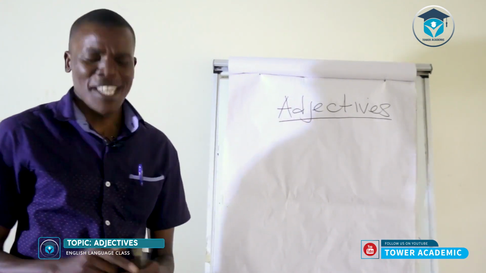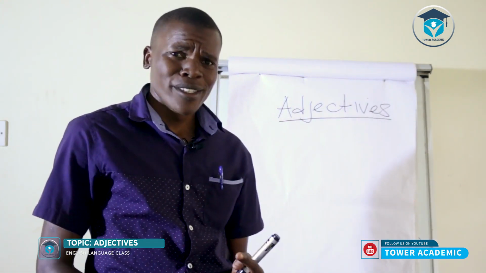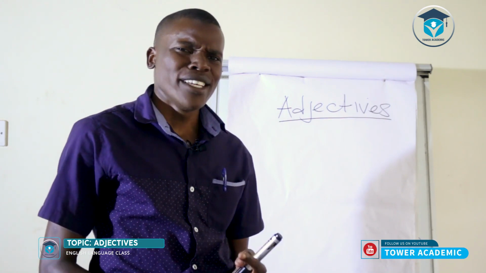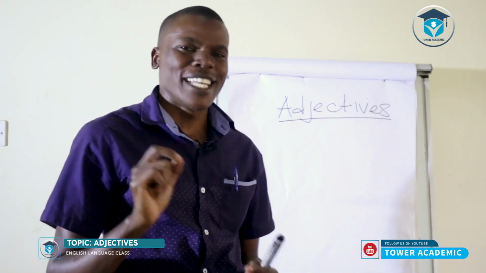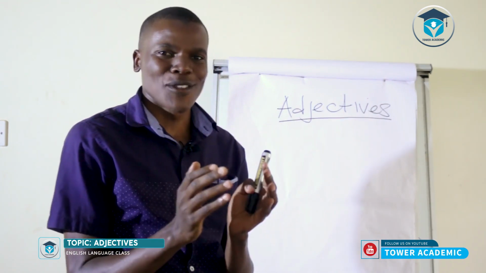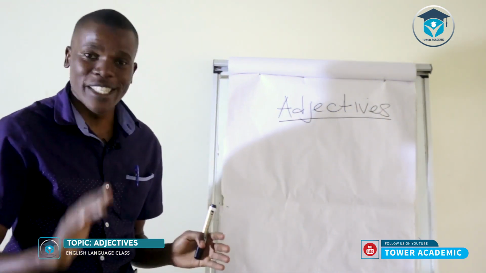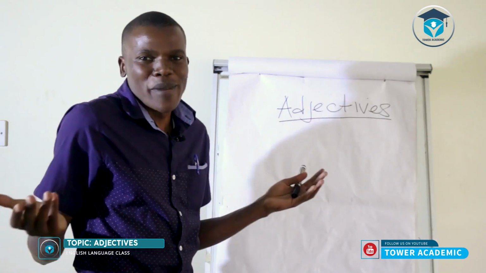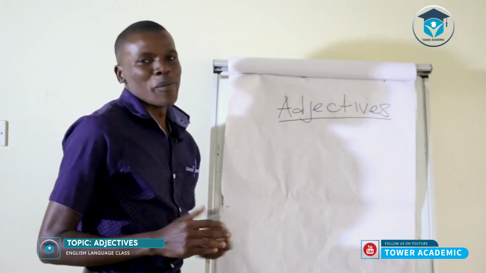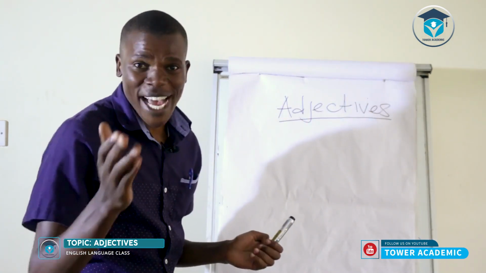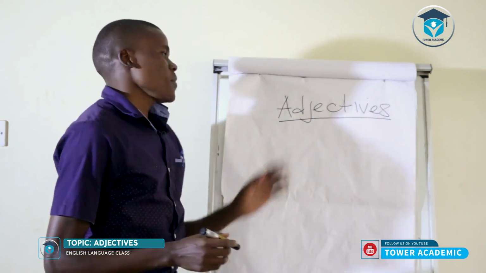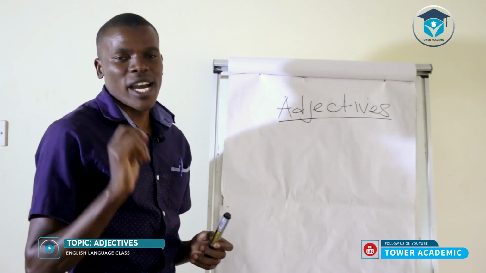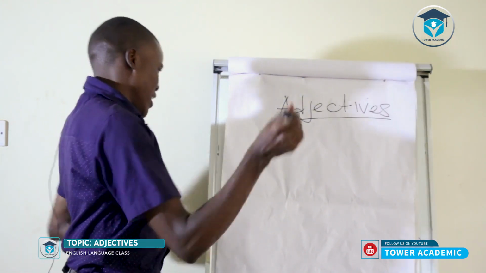Three keywords there: describe, qualify, or modify. The good news is that these words are doing the same thing, so you don't have to be scared. Just take the simplest. If it were me, I would talk about describing, because we are yet to see what adjectives can do, dear friends. So an adjective is a word that describes.